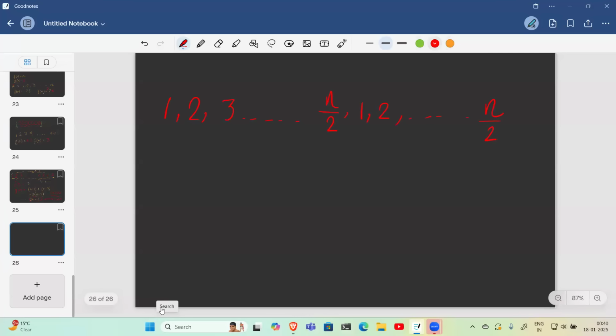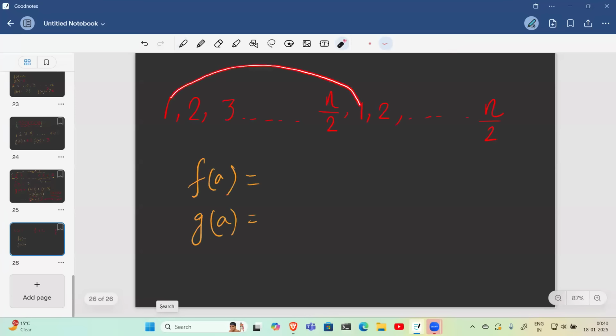So any idea what is the value of f of a and g of a here? All of these have the same psychology. We are trying to leverage the benefit of coupling these two integers and taking one distinct element in between multiple times. So I take this 1 and take one distinct element in between. I can take this 2 and this 2, and take one distinct element from between.